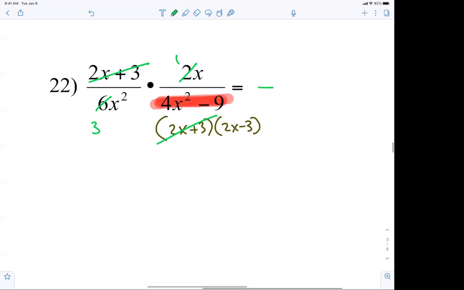Now you have to be real careful here, guys. 1/3. And then what's true with the x and the x squared? Does everybody see what I'm getting at? I'm asking about this x and this x squared. There's only 1 x. 1x on the bottom. And then what else on the bottom? 2x minus 3. So there you have it. Everybody good?